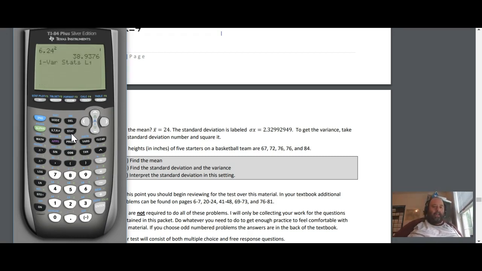If I go back to that result, most heights are within 6.24 inches of 75 inches. It would be highly unusual to be more than 2 standard deviations from the mean. So most of them are going to be in that 6.24, at least more than half.